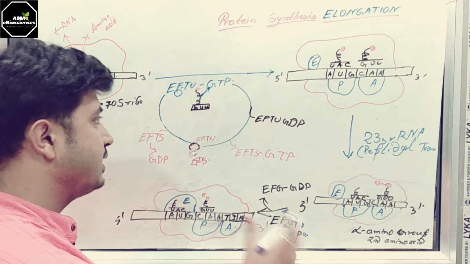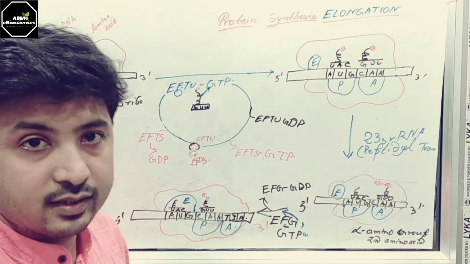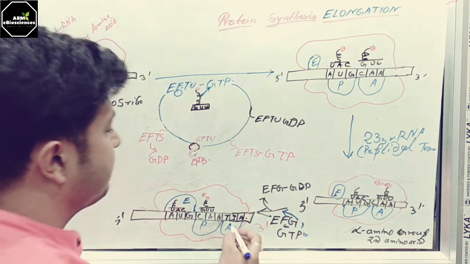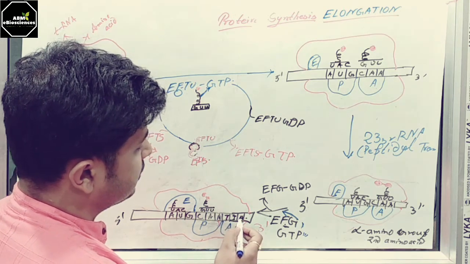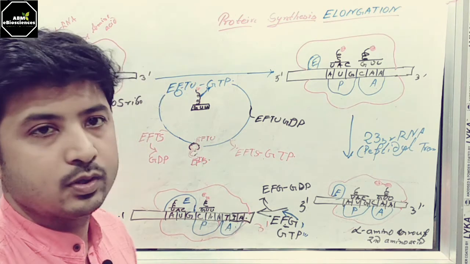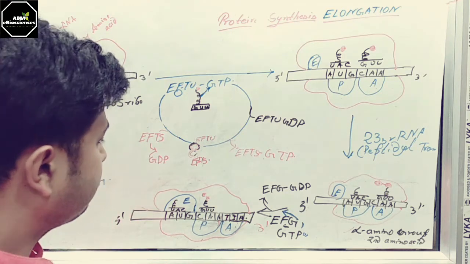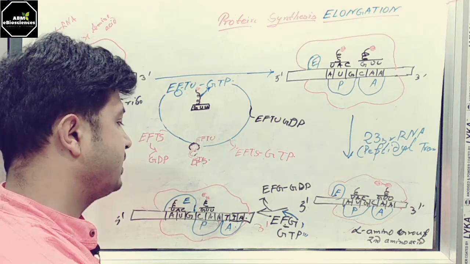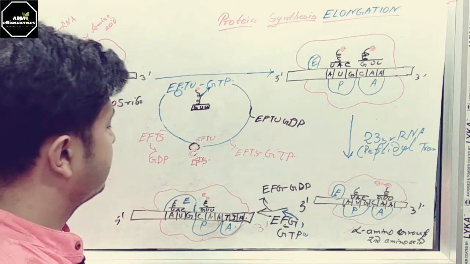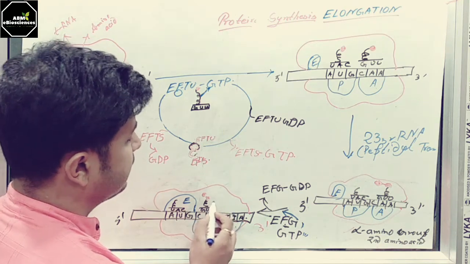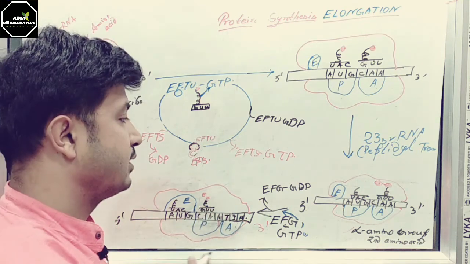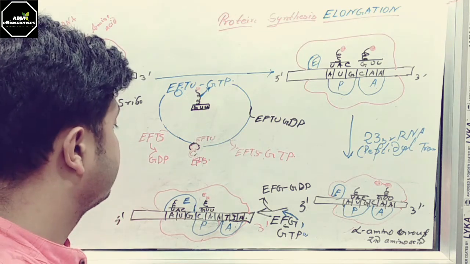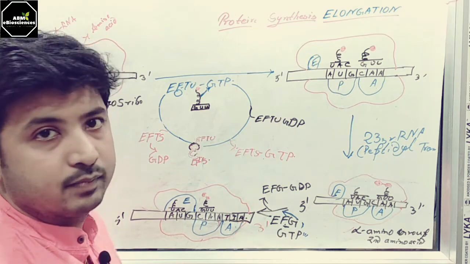Now after translocation, again EF-Tu GTP with another particular charged tRNA will come and bind to the codon here, and against this anticodon, the charged tRNA for the particular amino acid will come in the scene, and again by the same mechanism the 23S rRNA will act as the self-catalyzing enzyme here, and this will form the peptide bond.